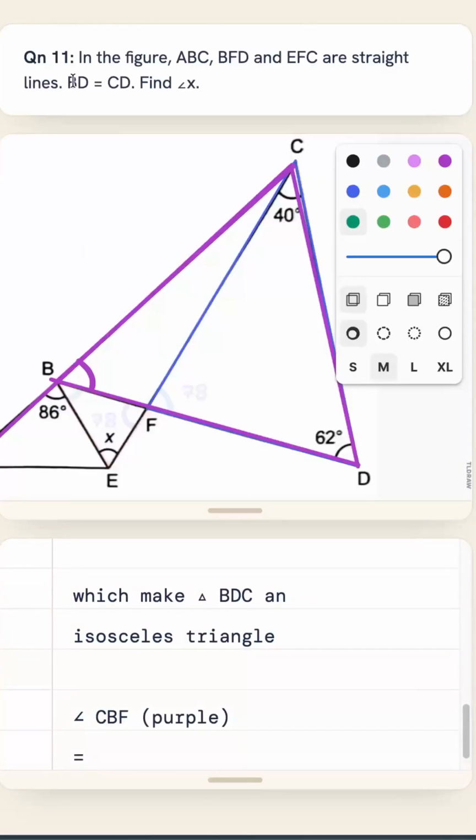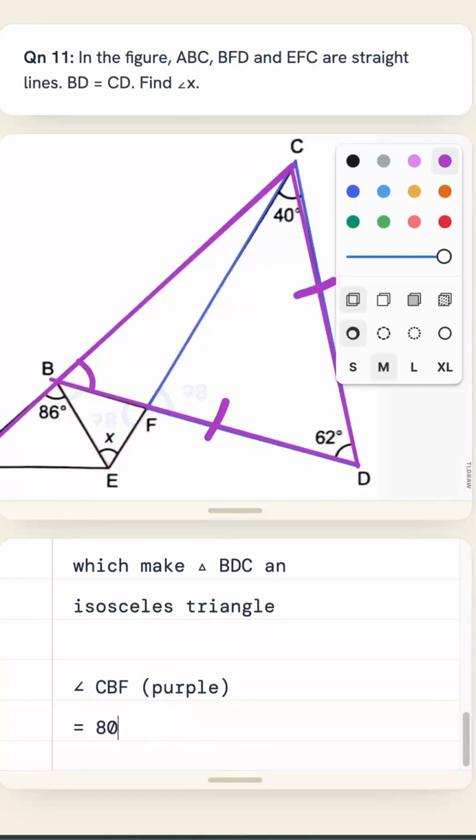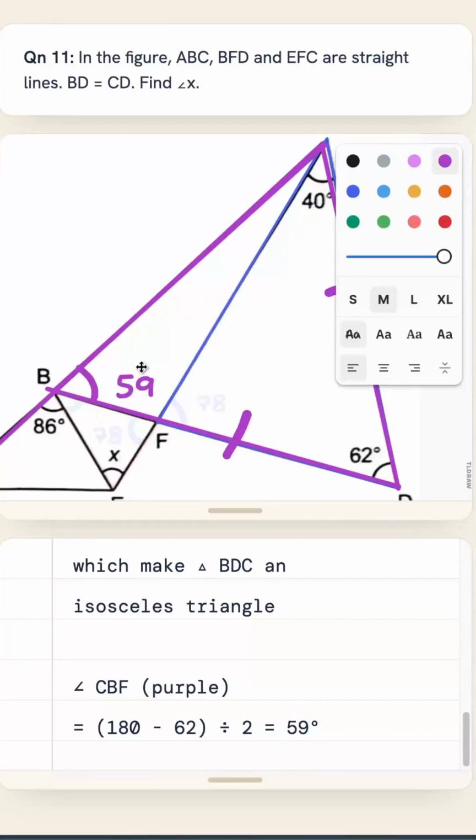Since BD is equal to CD, to get CBF, or CBD, it's basically 180 minus 62, and then we divide it by 2. And this will give us 59 degrees. So this purple angle is 59 degrees.